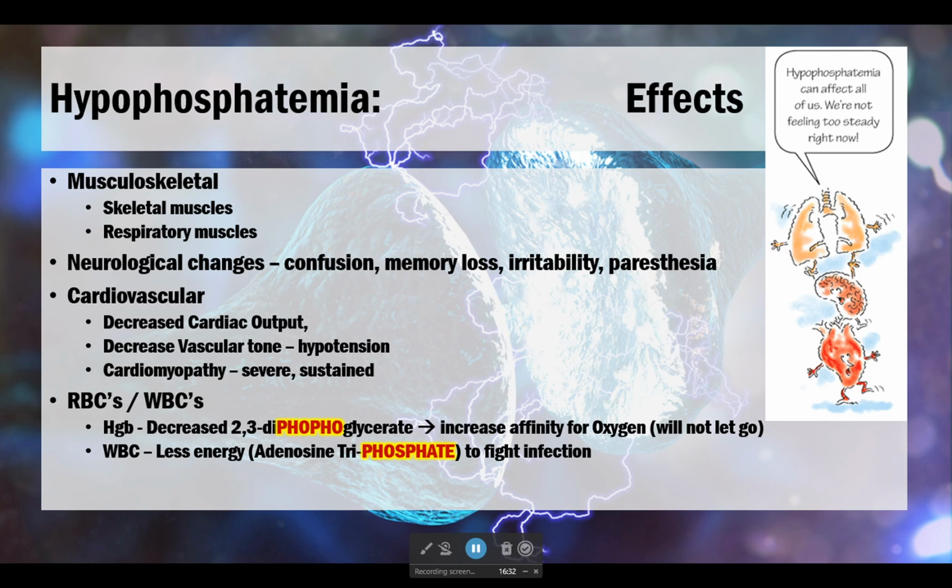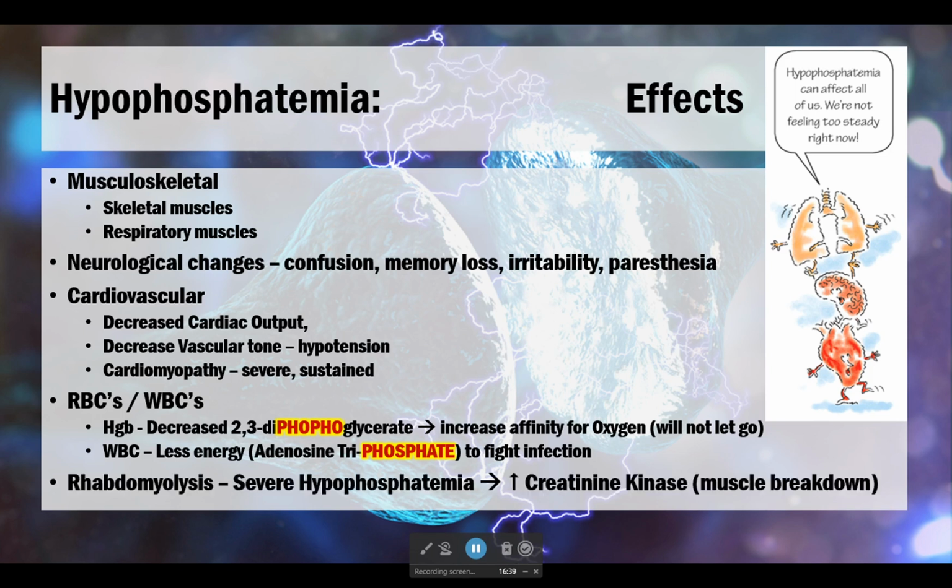Similarly, the WBCs need adenosine triphosphate in order to fight infection, like I mentioned earlier with phagocytosis. With severe hypophosphatemia, you may see conditions such as rhabdomyolysis. This is a condition where the degree of illness, strain on the body is severe enough that the body senses the need to begin to break down muscle for energy.